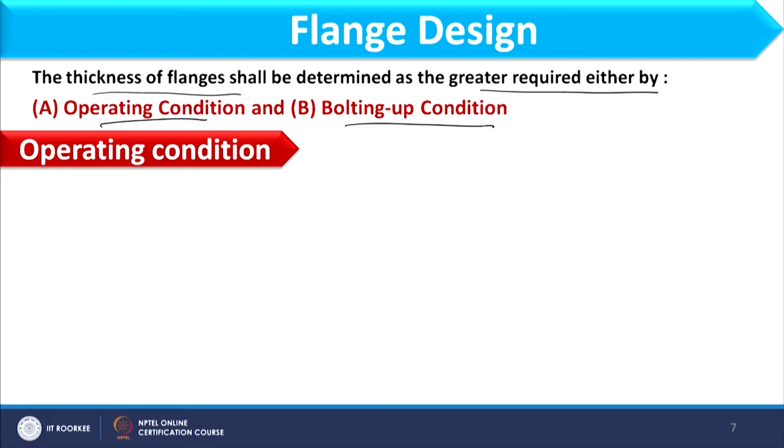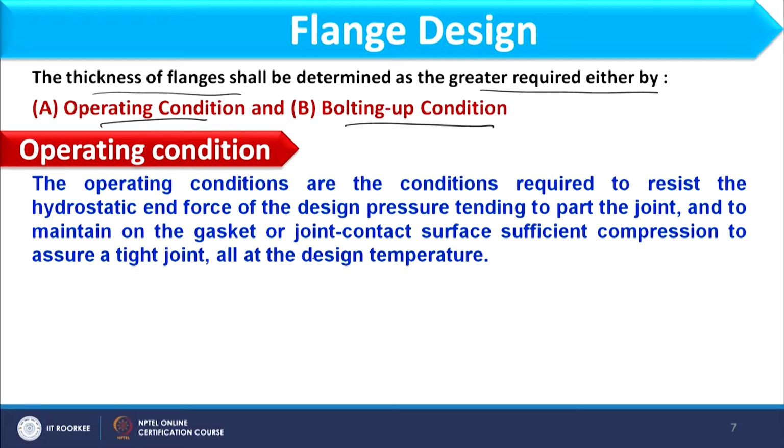So, first of all we will define operating condition and bolting up condition in detail, and here we will start with operating condition. So, you see, operating conditions are basically those conditions which are required to resist the hydrostatic end force of design pressure which tends to part the joint, okay, and to maintain the gasket or joint contact surface sufficient compression to ensure a tight joint at all design temperatures.